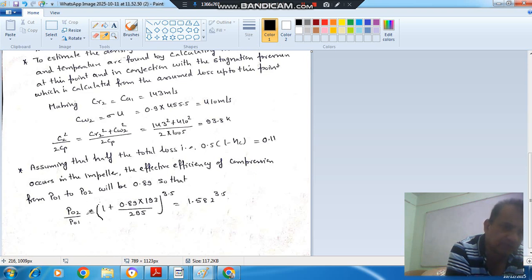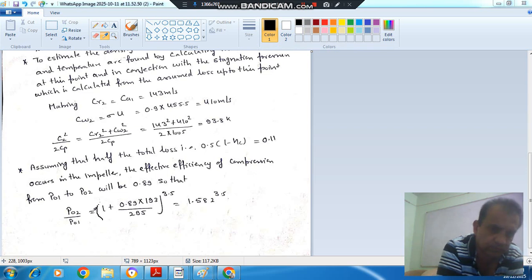That is your stagnation pressure ratio across the impeller. As there are some losses in the diffuser, P03 will be different as compared to P02. So P02 by P01 is this one.